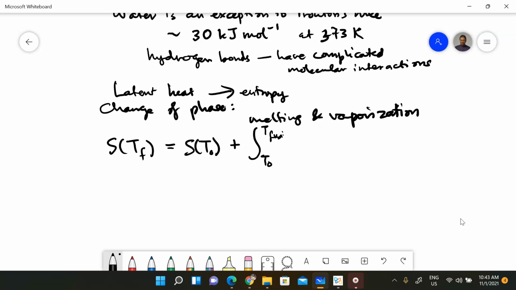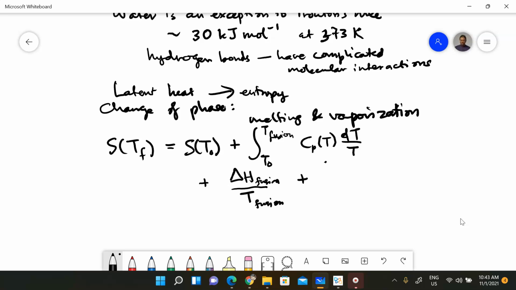Then the integral of Cp(T) dT over T, the same formula that we have seen earlier. But now we need to include the latent heat: the latent heat of fusion divided by the fusion temperature.